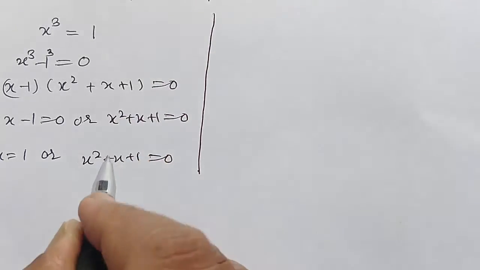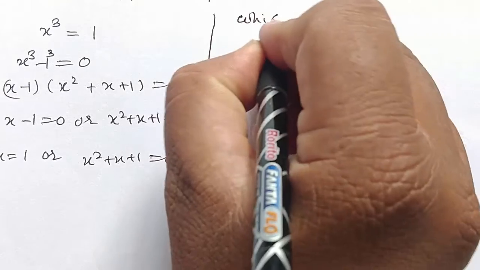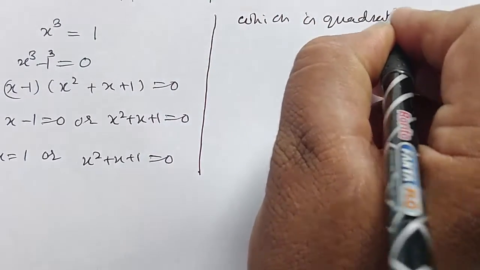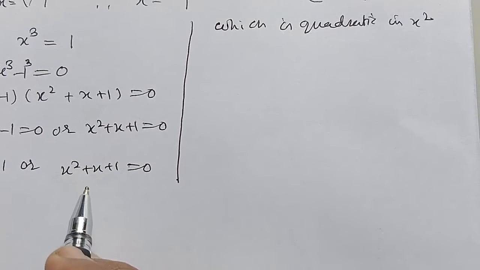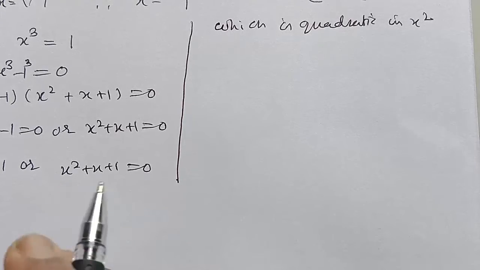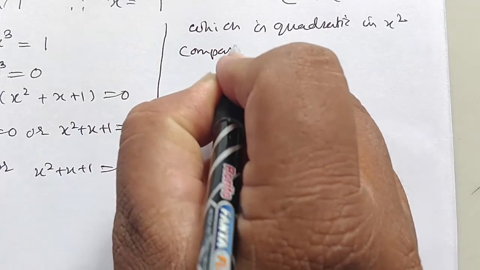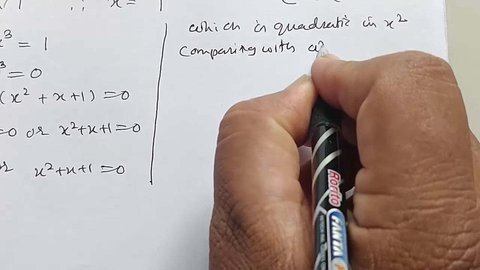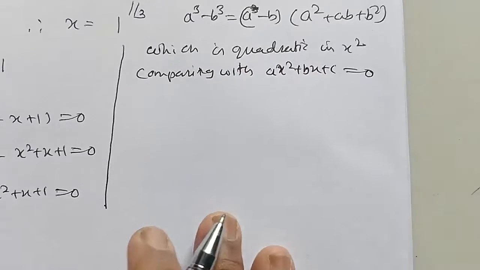Now, this is a quadratic in x. We cannot directly factorize this, so we compare this equation with the quadratic equation ax square plus bx plus c is equal to 0.